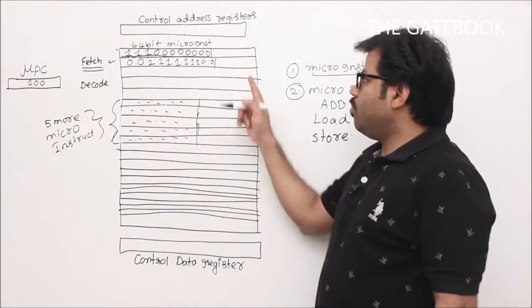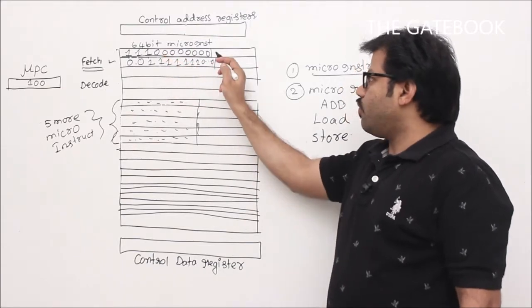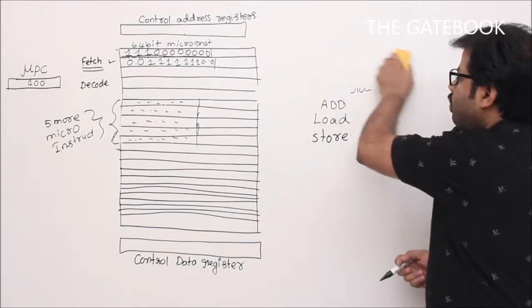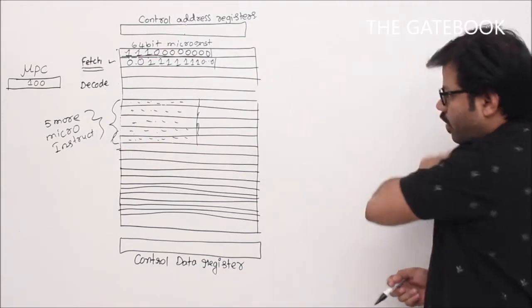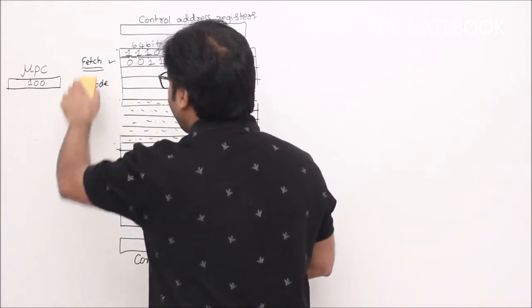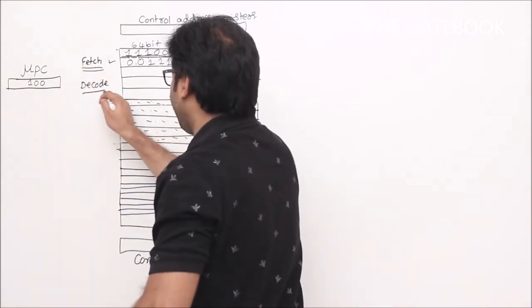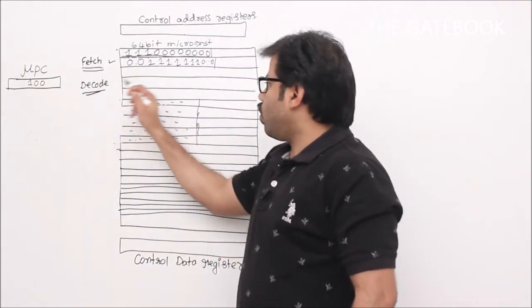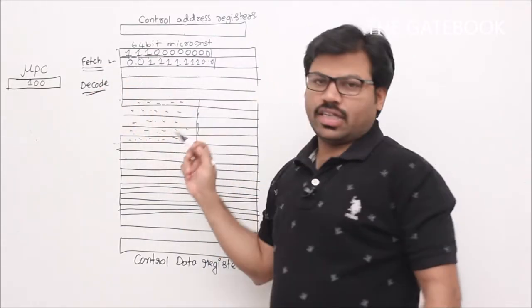That means if you have a micro instruction, is it sufficient or anything else? We will see those details. So let me elaborate these details. So finally, fetch routine and decode routine, that means let me use the word routine here. So fetch and decode routines are required for every instruction.